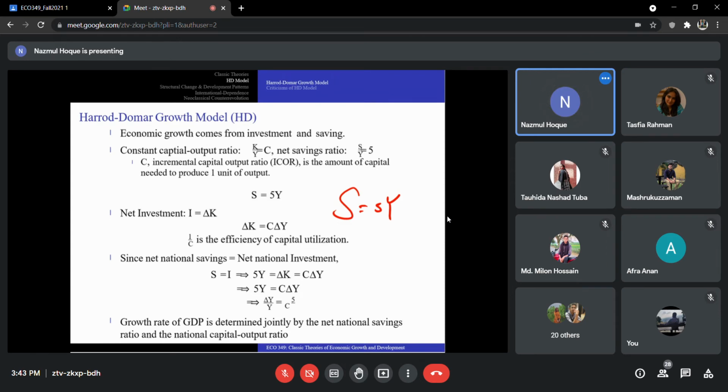And what we do with this savings is we invest it, so investment is going to be equal to savings. Now investment is nothing but the change in capital stock, right? If you're thinking about the change in capital stock from last year to this year, the difference between these two is the level of investment that you experienced last year.